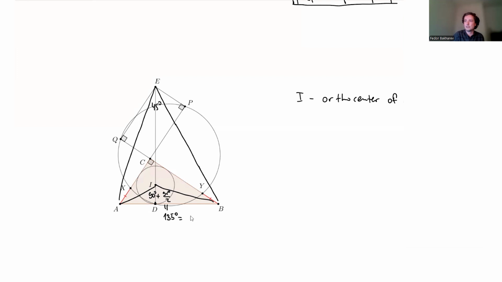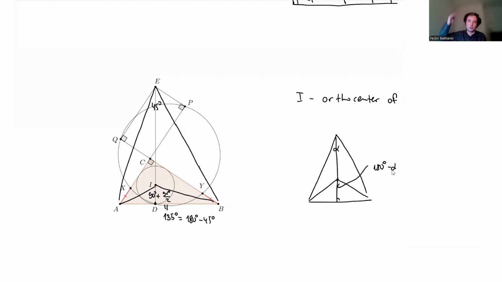And this angle is 180 minus 45. So we have in the triangle a point on the altitude such that this angle is alpha and this angle is 180 minus alpha.